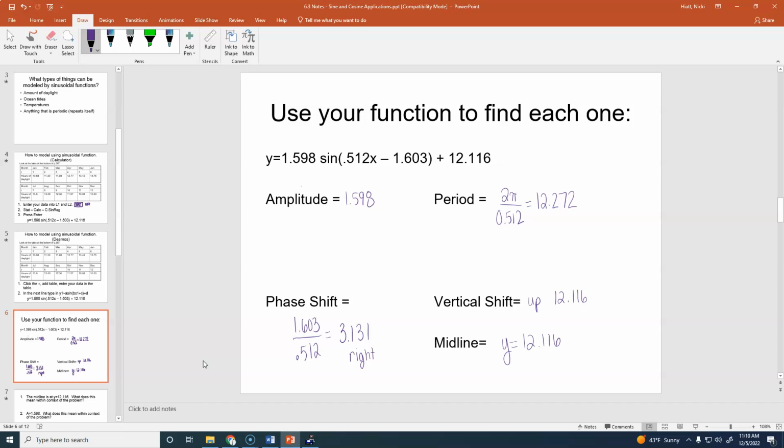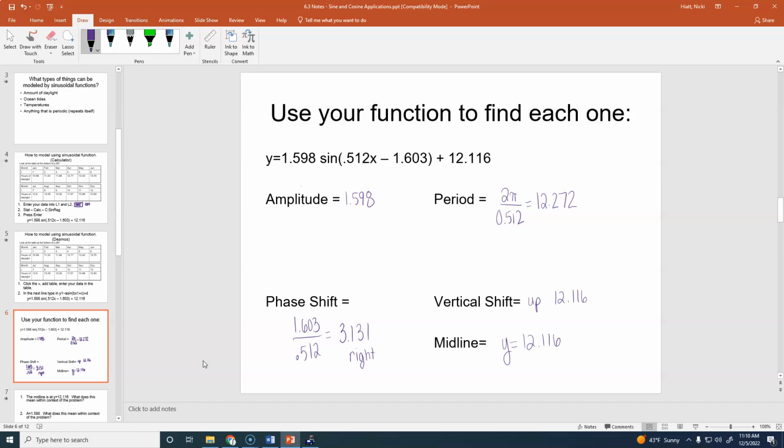Okay, so all of that stuff is the same as everything we've been doing already. It's just we have decimals that we're dealing with, and you'll be allowed to use your calculator to deal with those. Now, what is going to be important, though, is knowing how this applies to the situation.